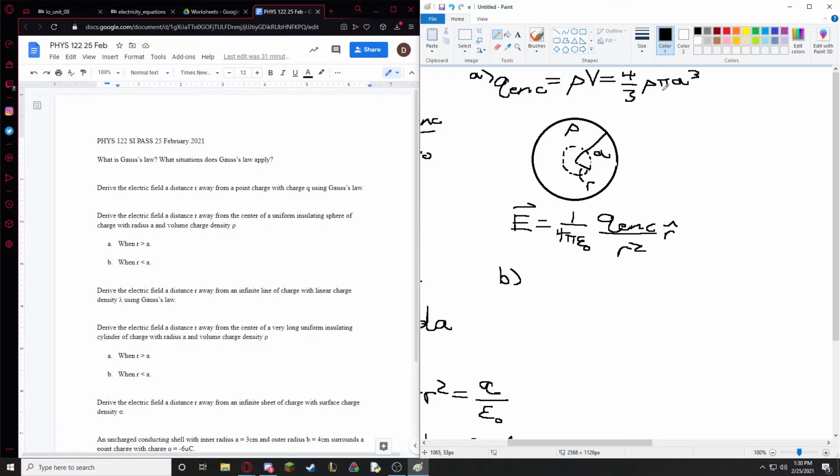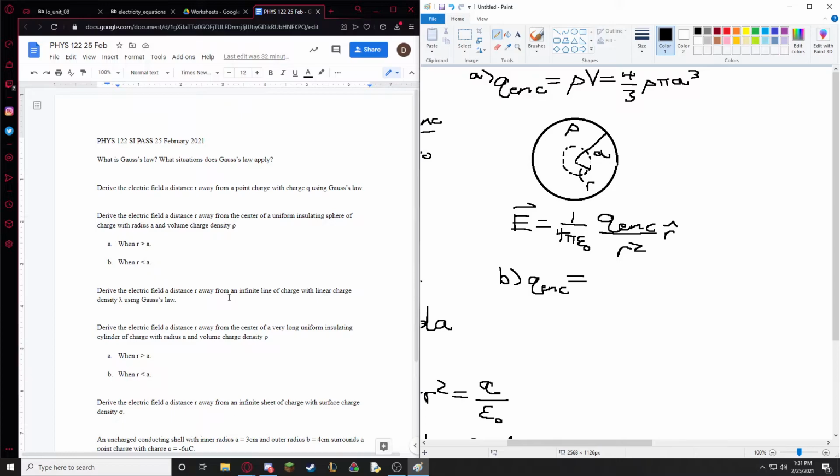Oh, no, just rho, not... Well, that's our charge density, right? Oh, so wait, what are you asking? We're asking for the actual enclosed charge. Oh, I'm not sure. Isn't it just the charge itself? What do you mean by the charge itself? Q. And we want to know what that Q is. So what are we given here? We're given the charge density rho, and we're given what r is when r is less than A.